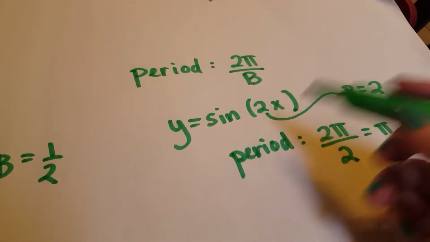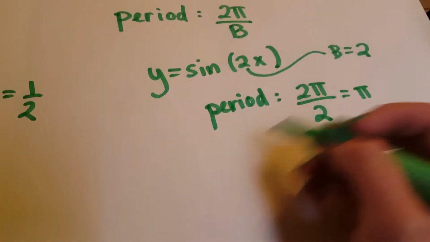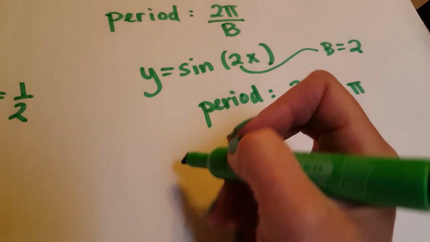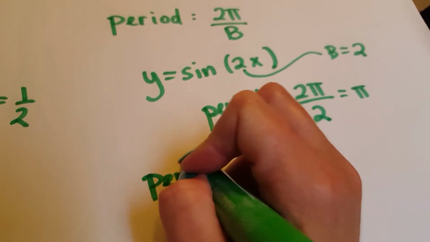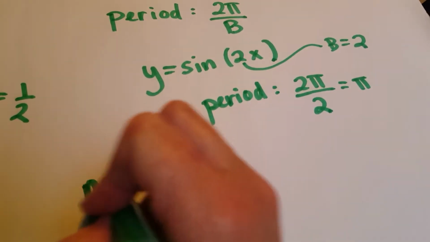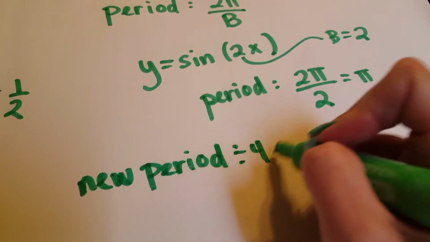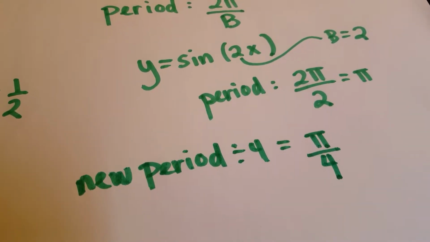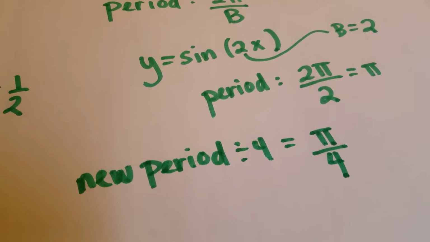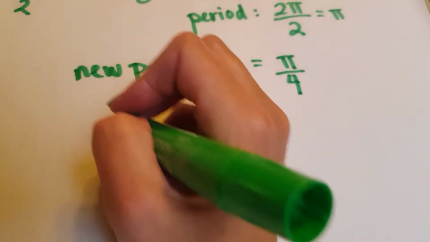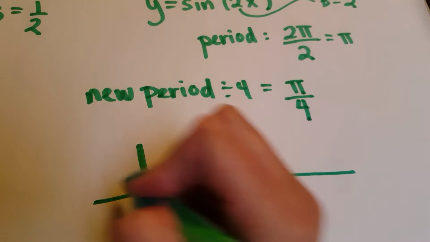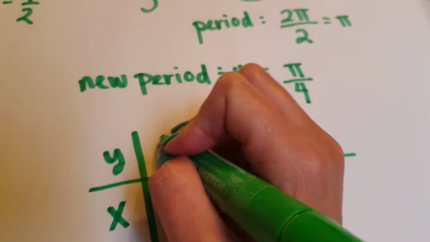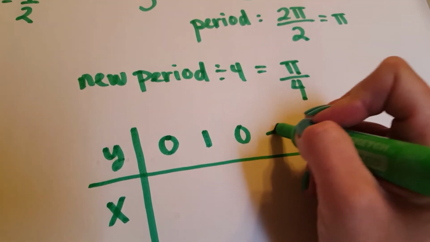Now, how would I graph this? Step 2 is, since we need 5 points, which means I would cut it in 4, we take our new period and divide it by 4. In this instance, I would take pi, divide it by 4, and I get pi fourths. When I go to make my chart, I'm not changing my y values, so it'll still be 0, 1, 0, negative 1, and 0.